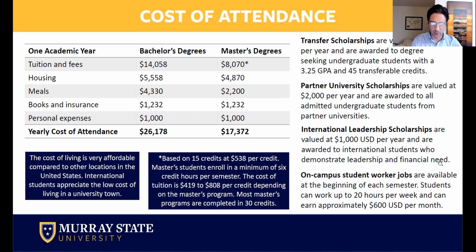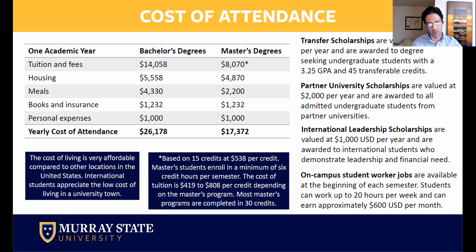The International Leadership Scholarship, this is a $1,000 scholarship for students who have done a lot of community service or volunteer work, or students who have shown participation in their school in the past. And so we have a good number of these scholarships available. The International Leadership Scholarship is $1,000 per year.